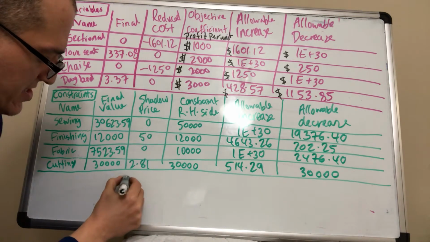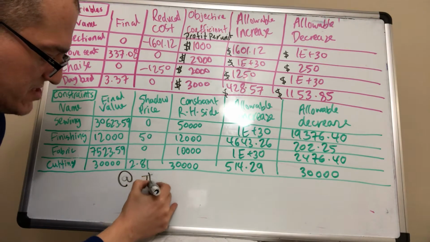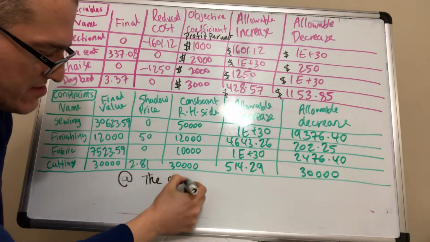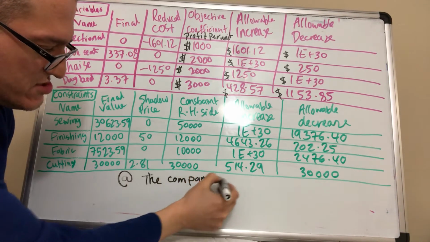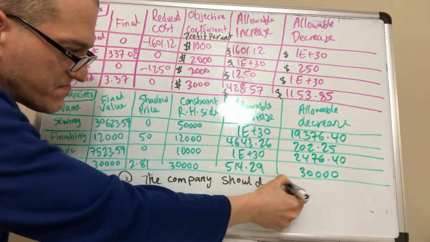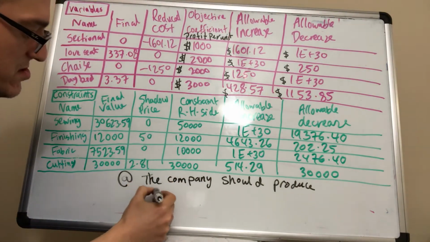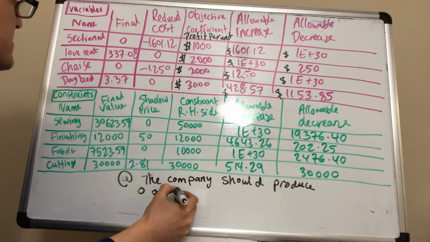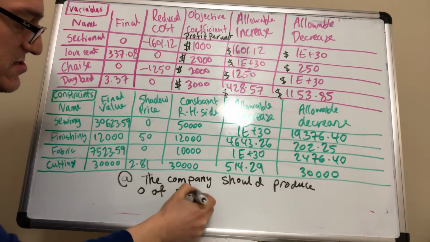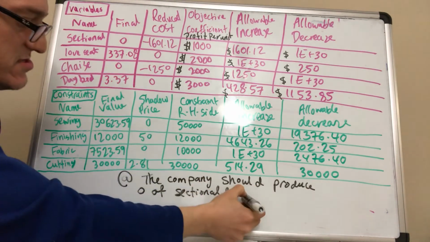So in A, this is what you say. The company should produce zero of sectional and chassis.